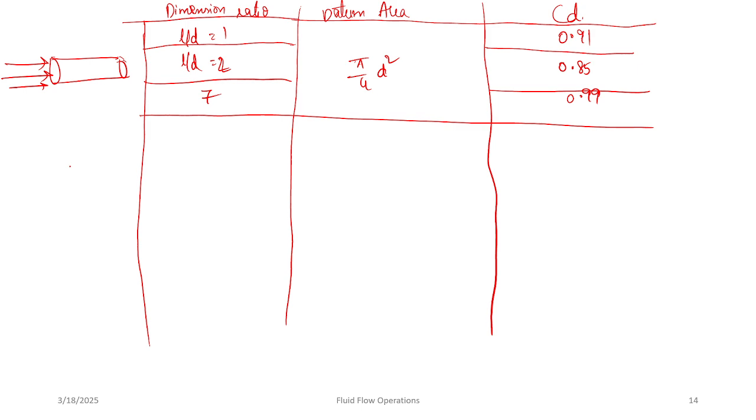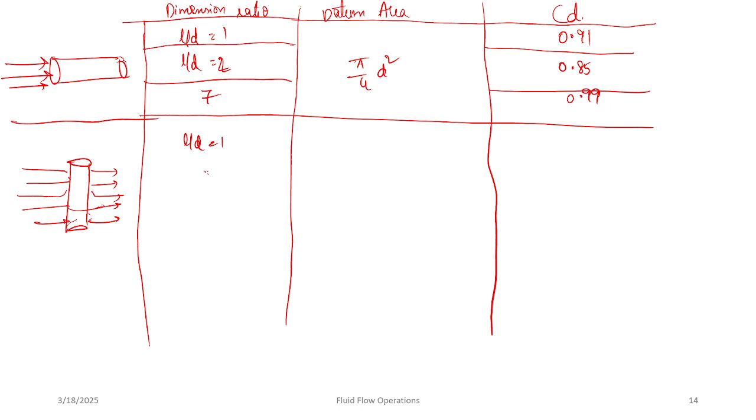But if the cylinder is placed in this direction, that is, if the circumference is exposed to the flow, let's take 2 to 3 examples.